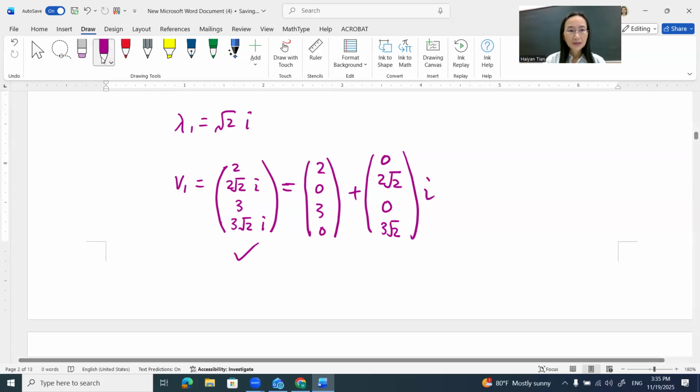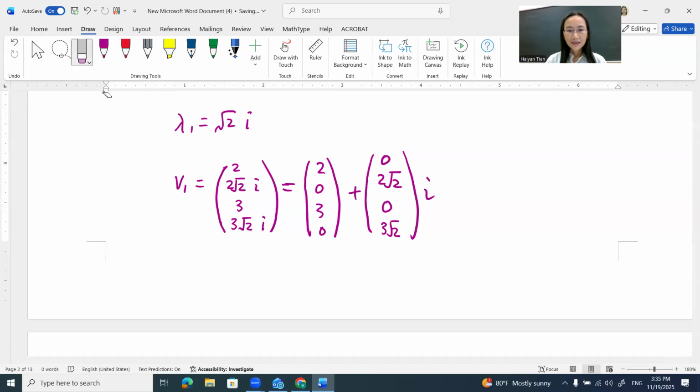So this way, the real and imaginary parts are easily seen. This imaginary part is also a real valued vector, and so is the real part. So we're going to use them. That's what we call u1, w1.